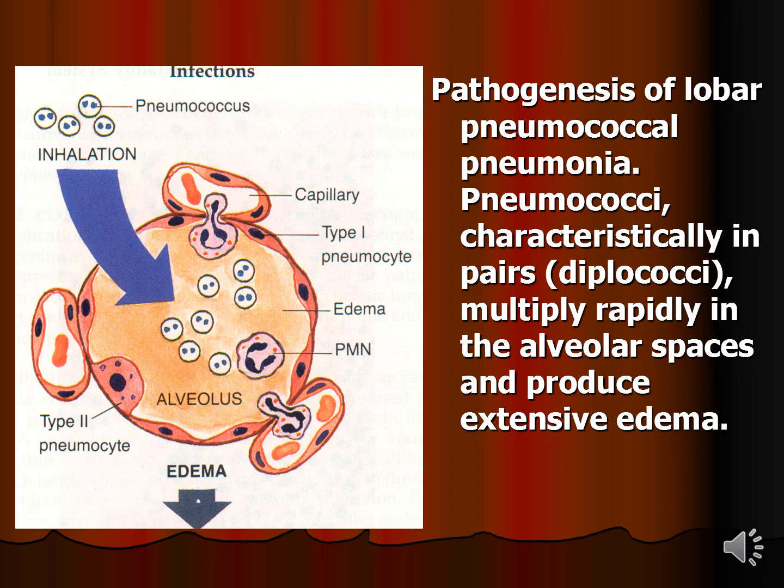So here you see the picture, pneumococcus after inhalation got into the alveolar spaces, and we see here a polymorphonuclear leukocytes reaction from the capillaries within the interalveolar spaces, and we see the edema as a result of such action.